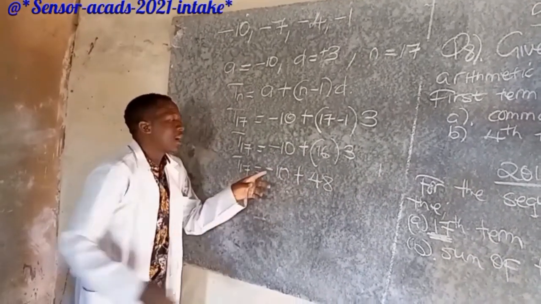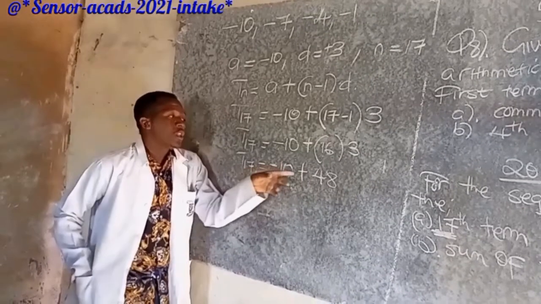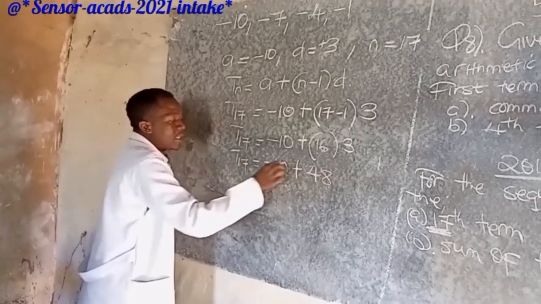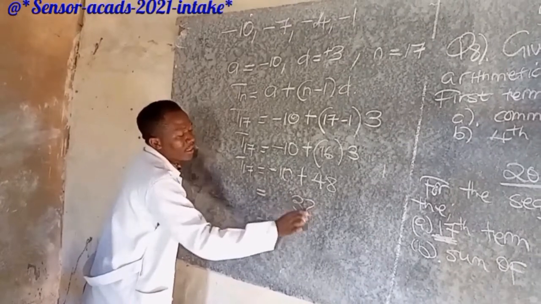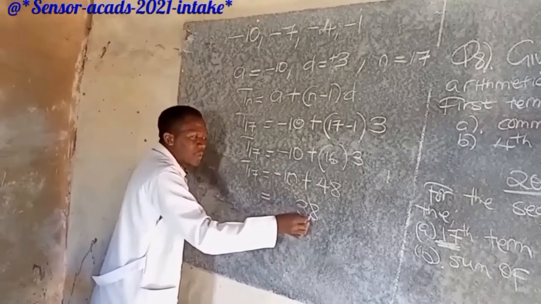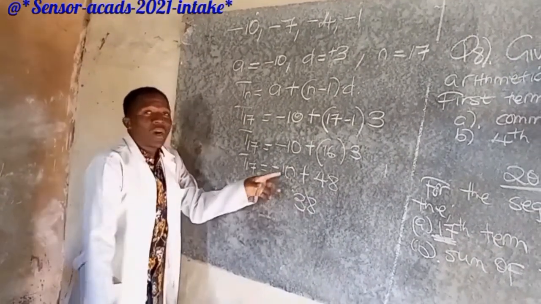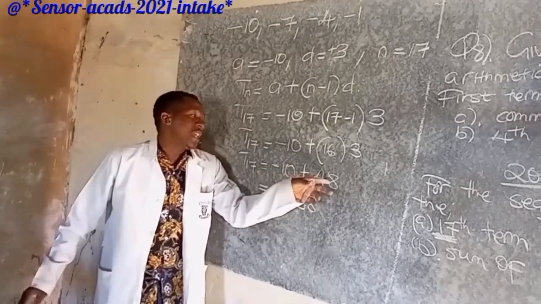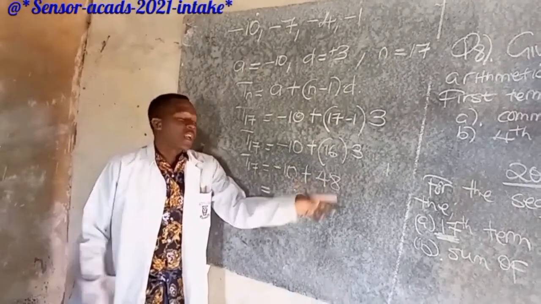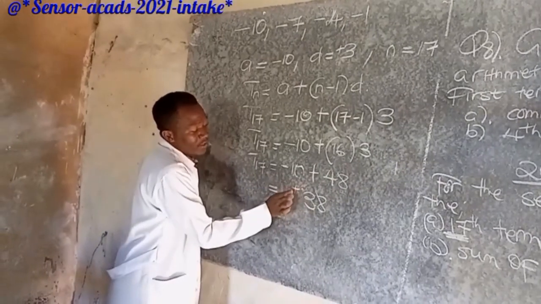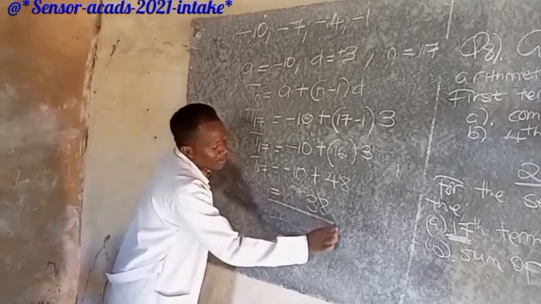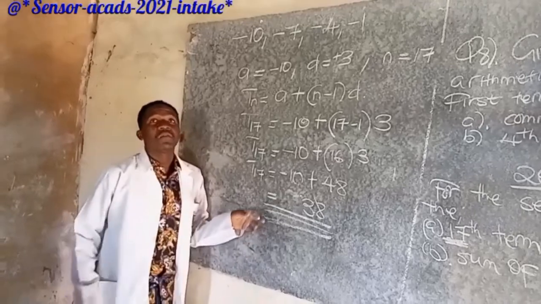When two signs are consecutive and different, we are always subtracting, so 48 minus 10 gives 38. This 38 follows the sign of the bigger number, and between 48 and negative 10, 48 is bigger. So we can put a positive sign, or we can omit it. Having done that, it means we've answered.